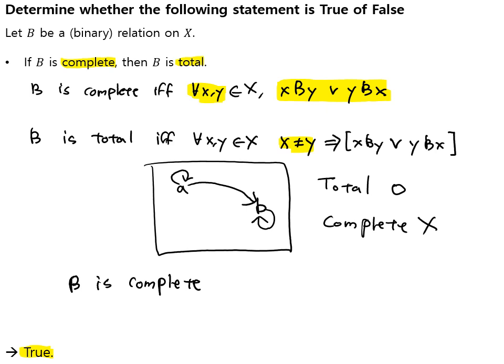And whenever each and every element has an arrow pointing to itself, that means each and every element is related to itself, meaning that B is reflexive. So this is an implication that is true, which we will soon see again.